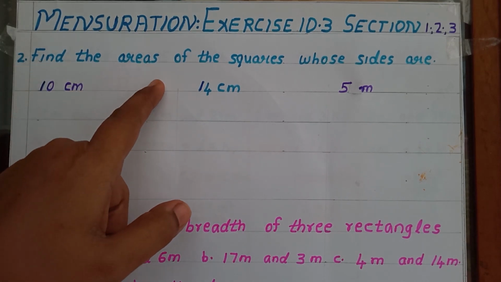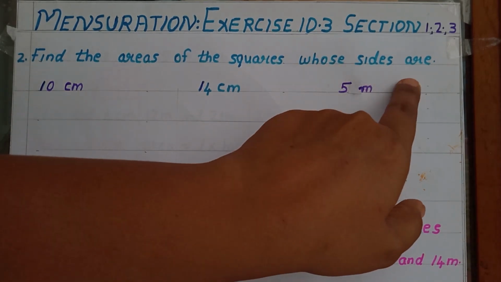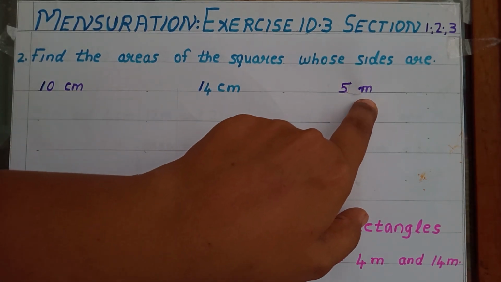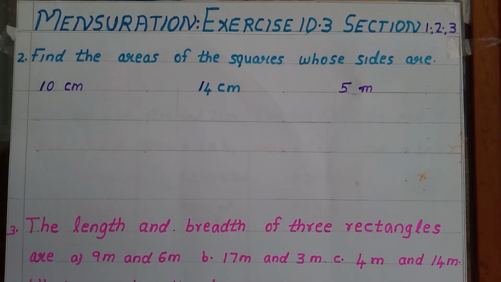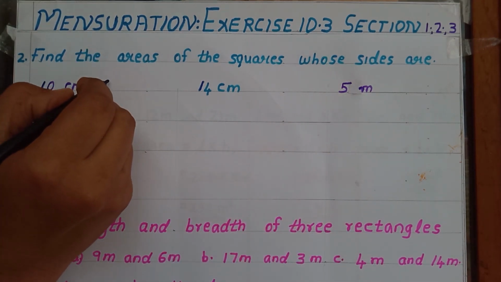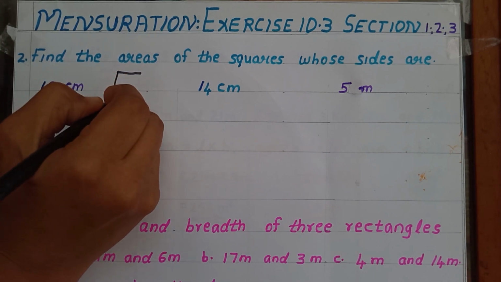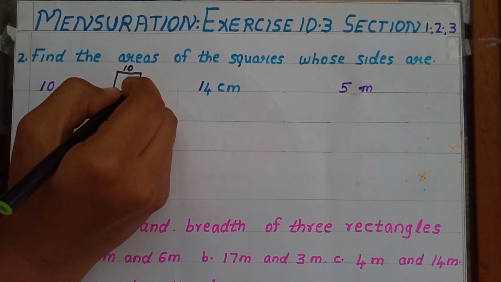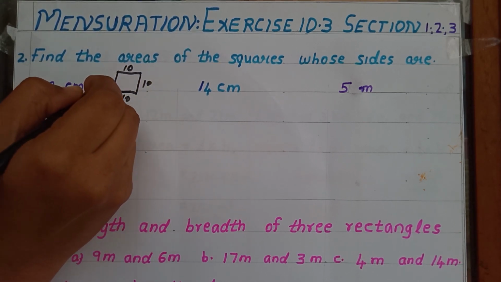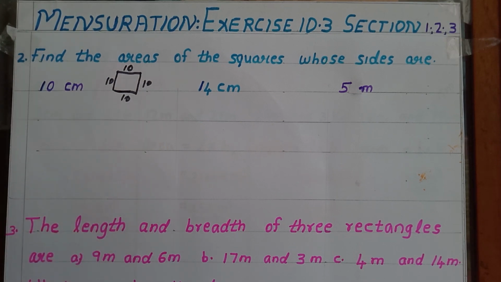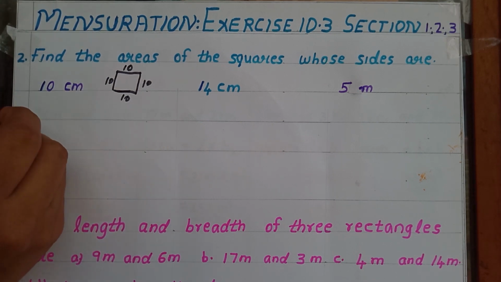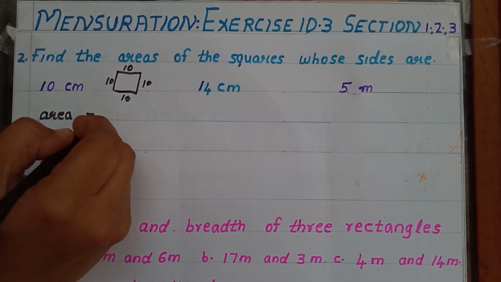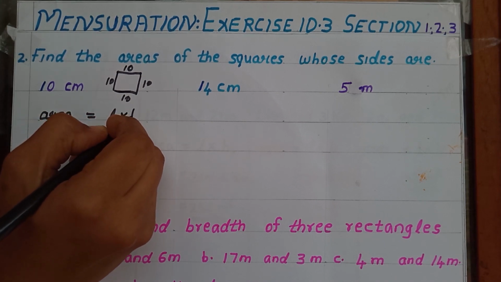Question number 2. Find the areas of the squares whose sides are 10 centimeter, 14 centimeter and 5 meter. So first take the length. See, this is a square, both the sides are same. That means length and breadth are same. So we can transfer that formula, area equal to length into breadth.